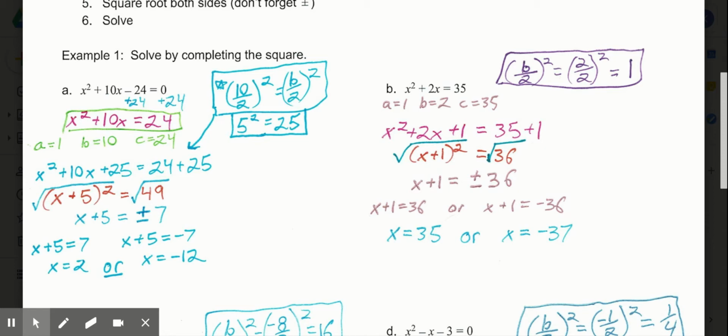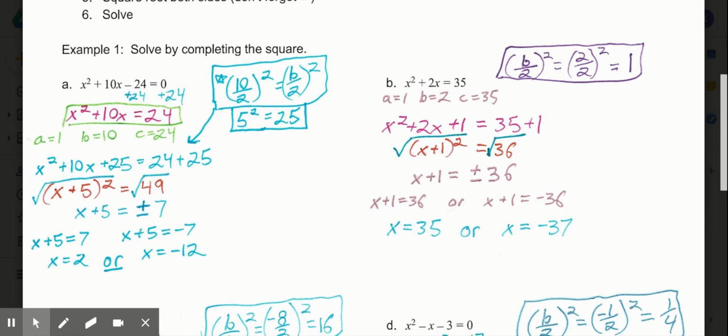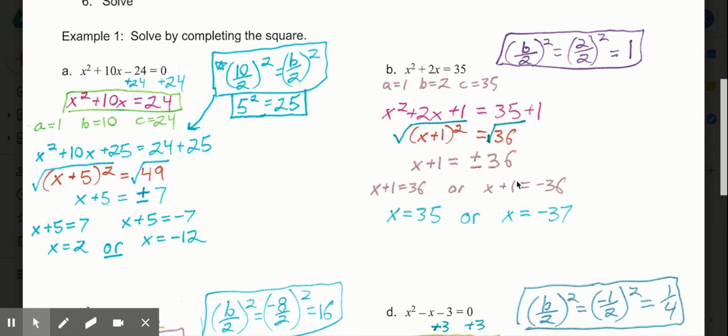Square root each side, and x plus 1 equals a positive or negative 36. Then we have to split it to two equations to solve. So x plus 1 equals 36, or x plus 1 equals negative 36. Subtract 1 from each side, and x equals 35, or x equals a negative 37.